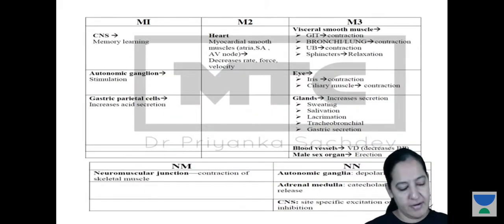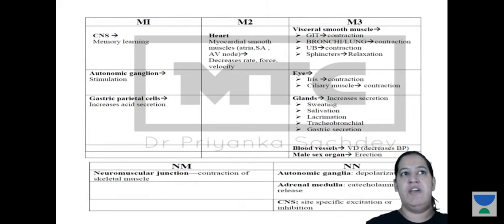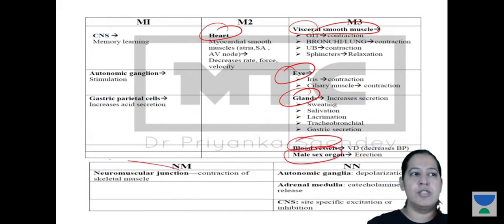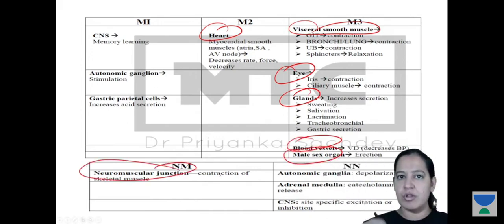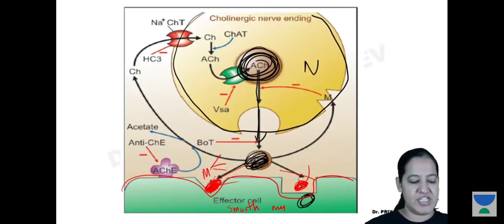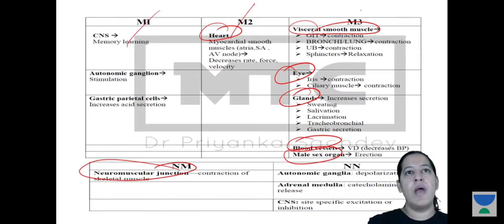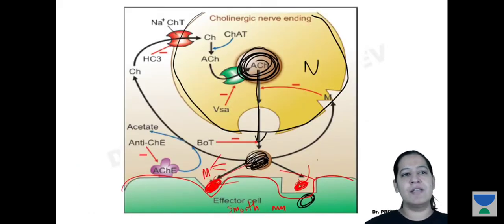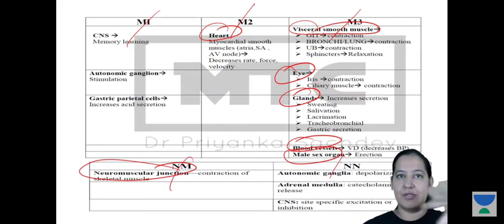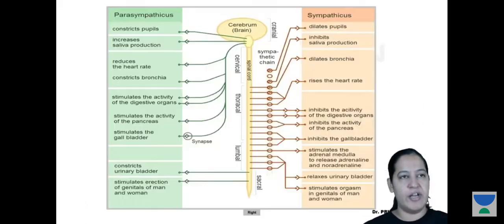It may be heart, visceral smooth muscle, eye, gland, blood vessel, male sex organ, or neuromuscular junction; depending on the organ, it shows its action. Muscarinic and nicotinic receptors are present everywhere. Muscarinic receptors are of three types, M1, M2, M3. Nicotinic receptors are of two types, NM and NN. So we have a total of 5 receptors and their functions are already shown in the image.